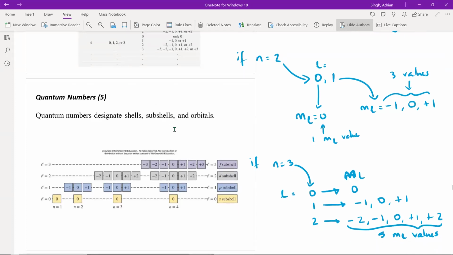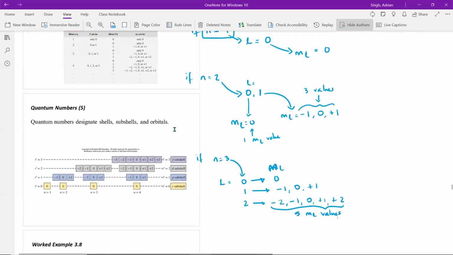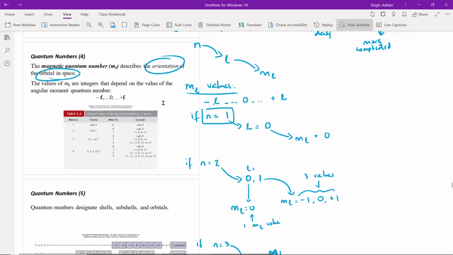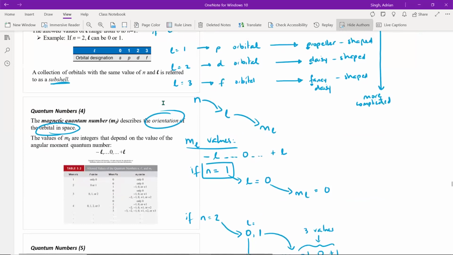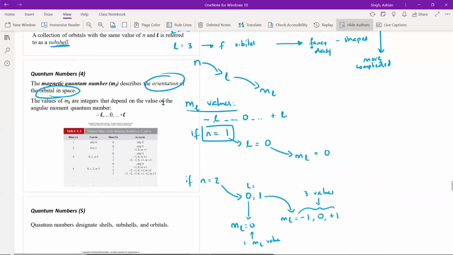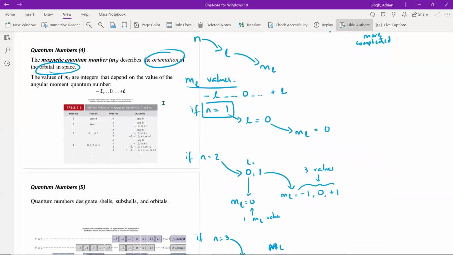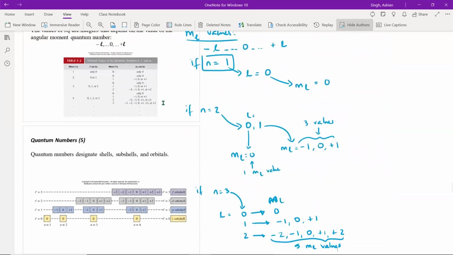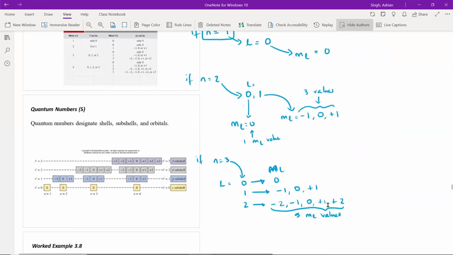So we can predict, just based on the rules that we have here, if we have an n value, what the l and the m sub l values are going to be. Similarly, we can work backwards and say, what's actually possible? What are possible quantum numbers if l equals 2? Is an m sub l value of -3 possible?